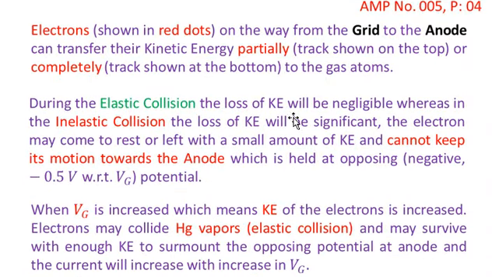During the elastic collision, the loss of kinetic energy will be negligible, whereas in the inelastic collision, the loss of kinetic energy will be significant. The electron may come to rest or be left with a small amount of kinetic energy and cannot keep its motion towards the anode, which is held at an opposing or negative potential of minus 0.5 volt with respect to the grid potential.